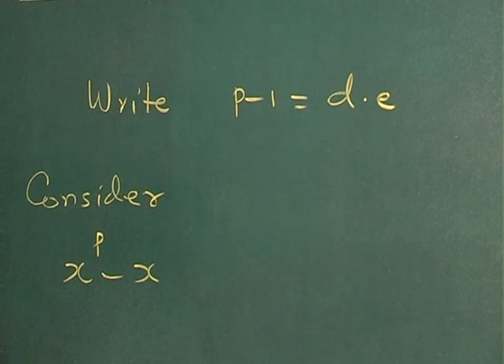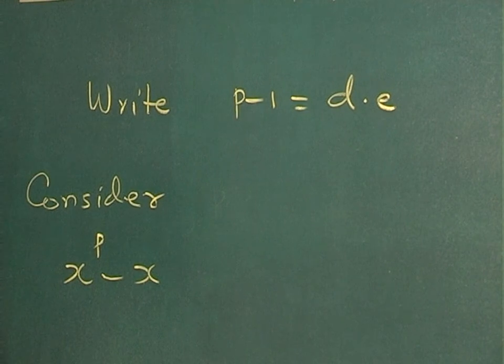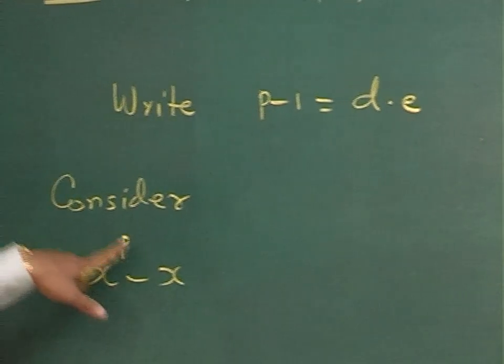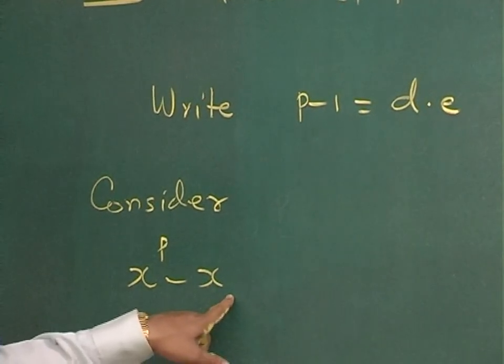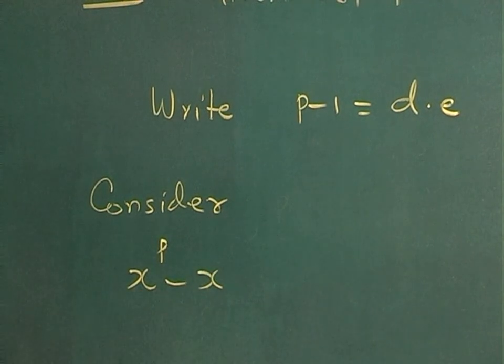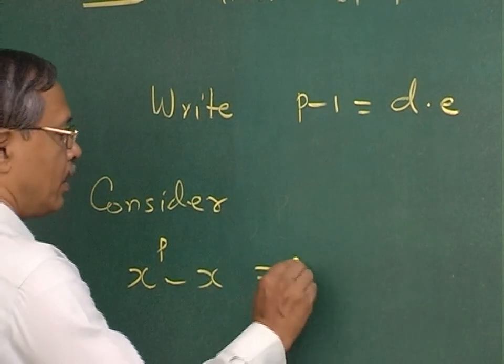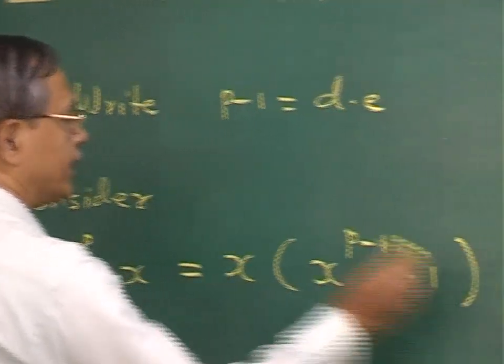That will have exactly d solutions if and only if x raised to d minus 1 divides x raised to p minus x modulo p. That was the result that we have seen. So let us see whether it divides. So write it as x raised to p minus 1 minus 1.